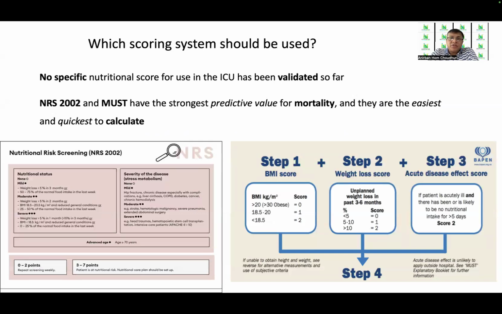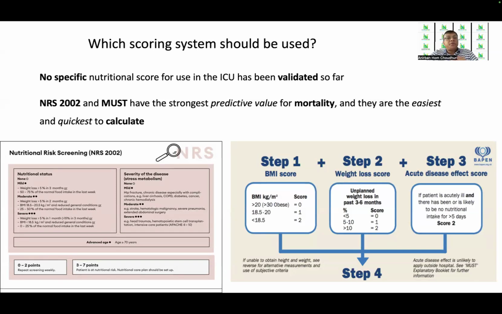Now, should we use any scoring system? And if so, which one? So far, there is no specific nutritional score exclusively validated for ICU use. But there are certain scores which have been found to be useful, particularly in prognosticating the patient, not only in the short term but also for long-term outcomes.